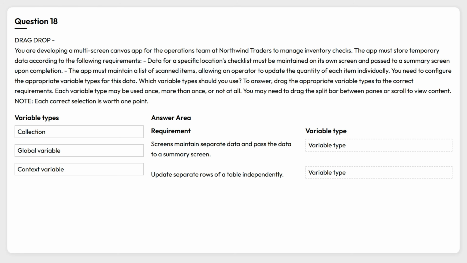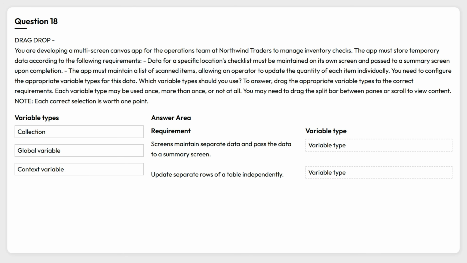The app must maintain a list of scanned items, allowing an operator to update the quantity of each item individually. You need to configure the appropriate variable type for this data. Which variable types should you use?